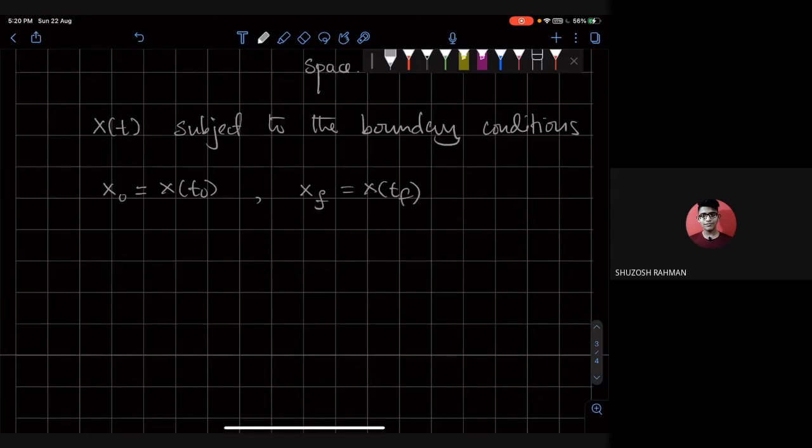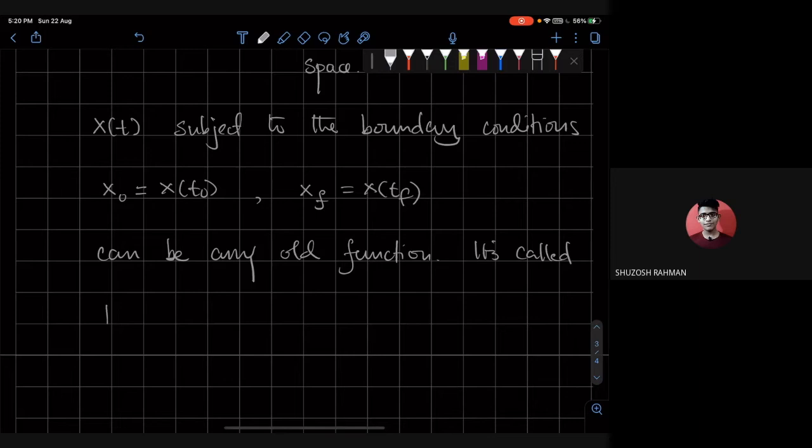So x of t subject to the boundary condition can be any old function, and it's called the path or the trajectory. So these are definitions. We are not talking physics here, okay?